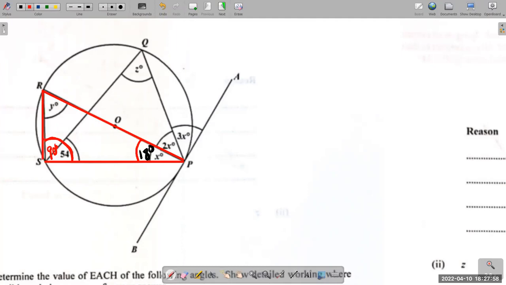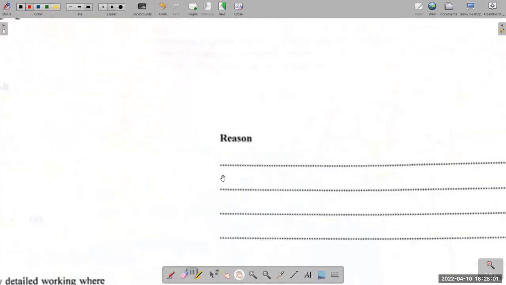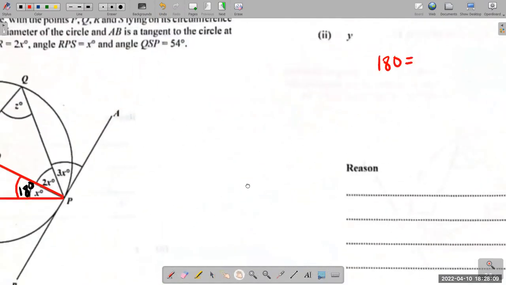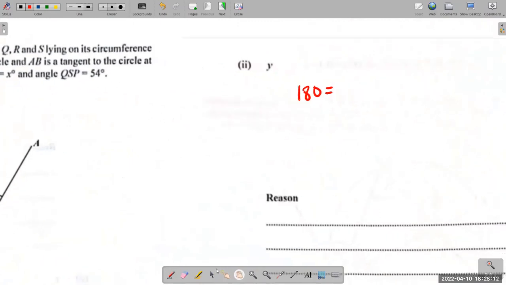How do we find the missing angle in a triangle? We could say 180 is equal to, what was the other angle again? 18 and 90. Not 180. Sorry, let me do it again. You would say 90 degrees plus 18 plus Y is equal to 180, showing that all 3 of them equal 180.